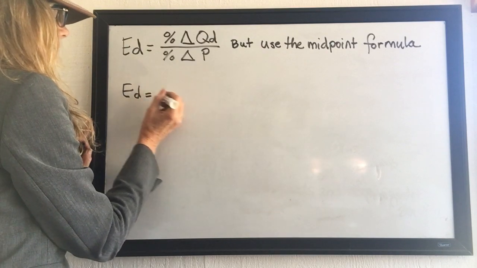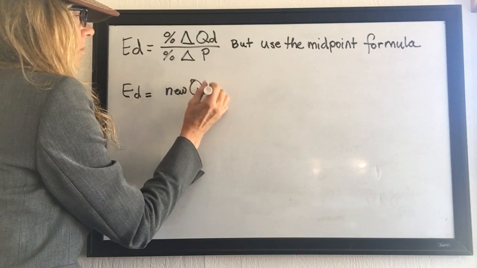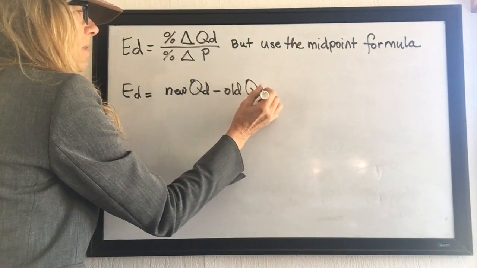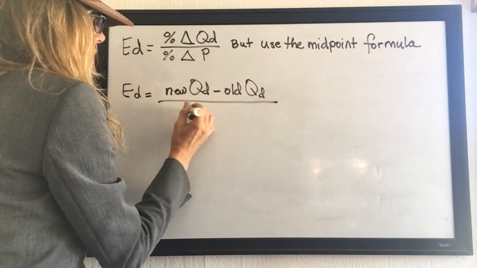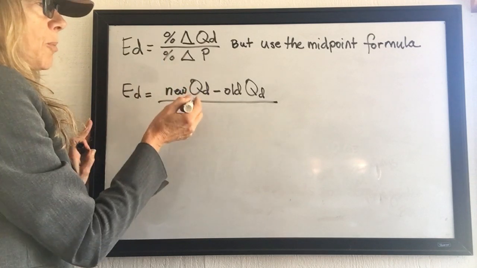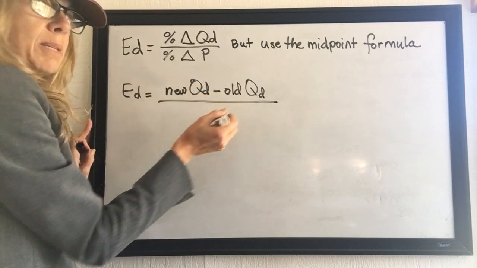So we're going to write this out, and we'll say that it's going to be the new quantity demanded minus the old quantity demanded over, and this is where we're going to get the midpoint. Remember, for a regular percent change, we would just divide by the old quantity demanded.